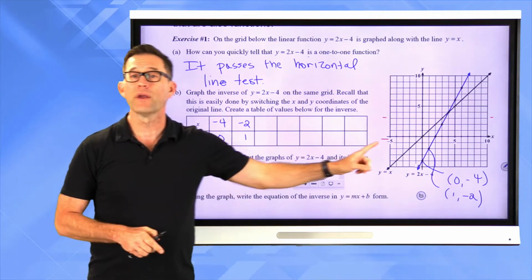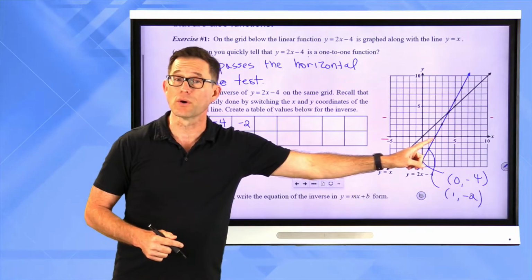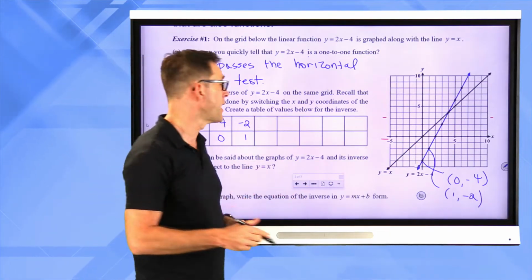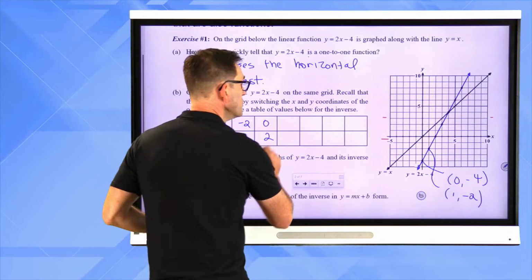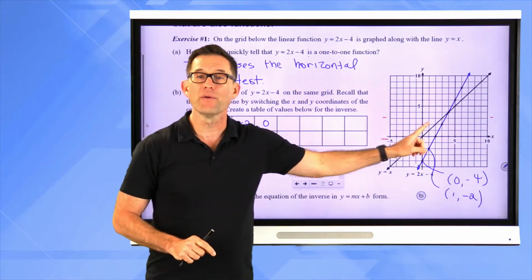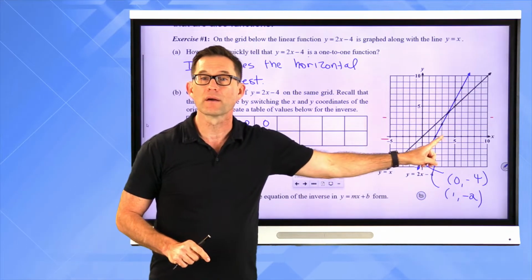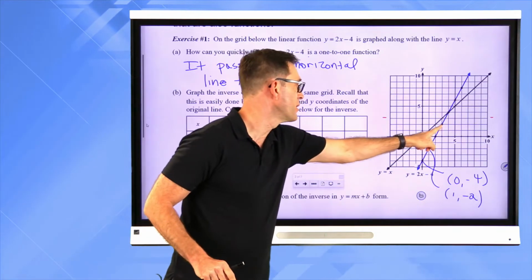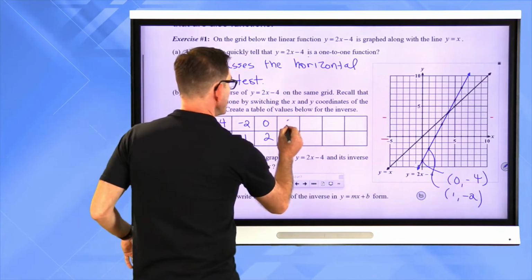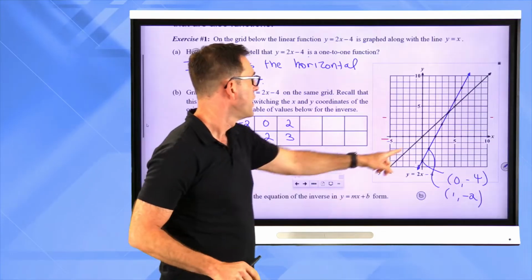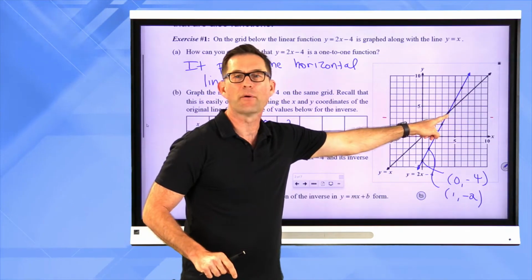Well, here we have the point 2, 0. When we flip those around, we'll have the point 0, 2. Here we've got the point 3, 2. When we flip those, we'll have 2, 3. Here we've got the point 4, 4.